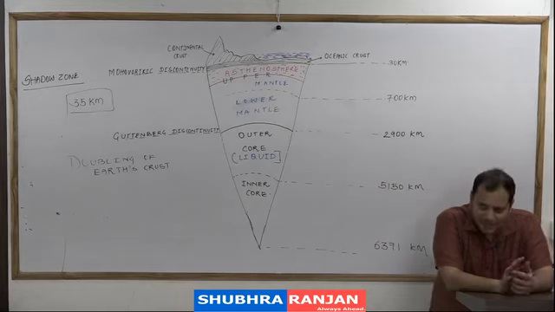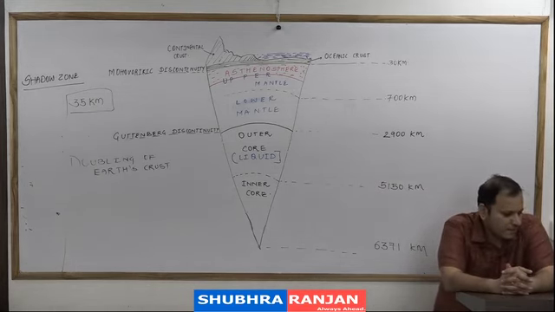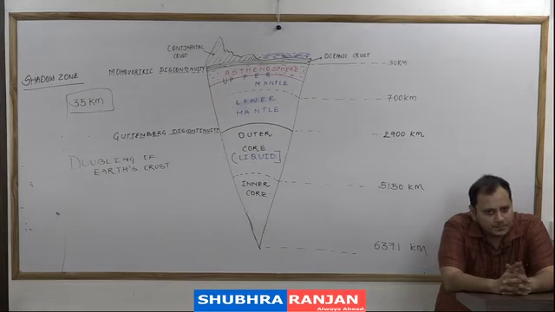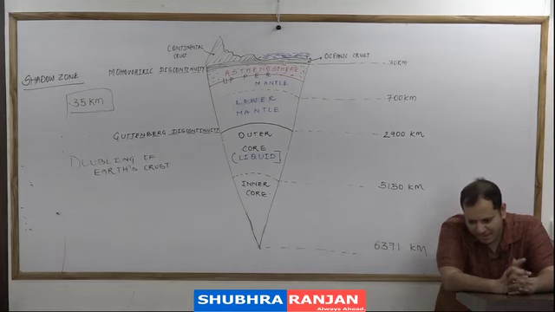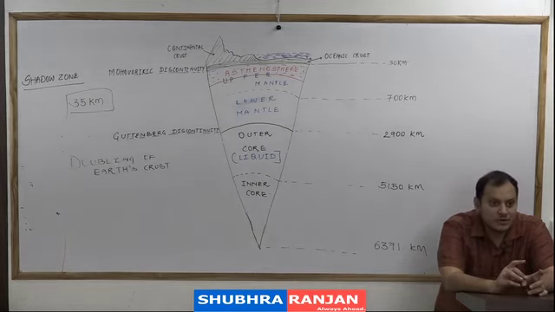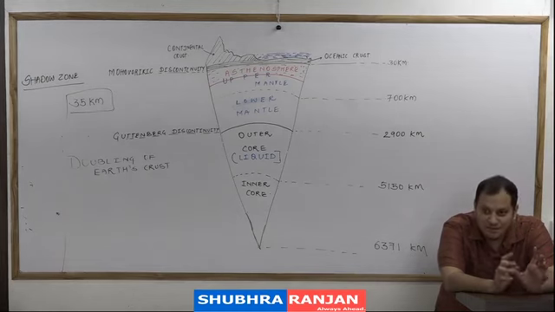Its average thickness is 5 kilometers. It can be 0 kilometers also at some places, but uska average thickness is somewhere around 5 kilometers.